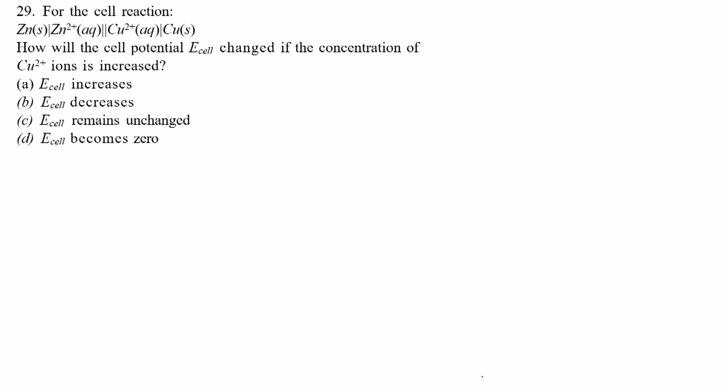Now, next we discuss problem number 29. It says: for the cell reaction Zn, Zn2 plus, Cu2 plus, Cu, how will the cell potential change if the concentration of Cu2 plus ion is increased. First, we need to consider the total cell reaction.